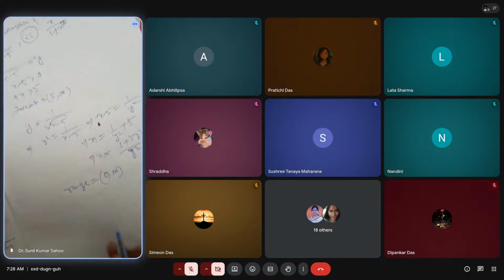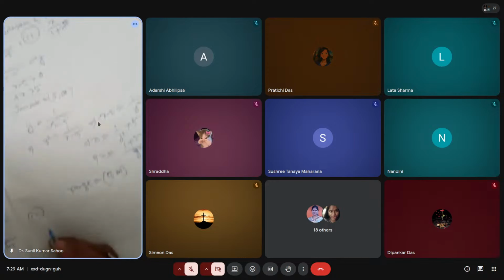Second question: x by 1 plus x square. So domain: f of x equals x by 1 plus x square. So 1 plus x square not equal to 0.